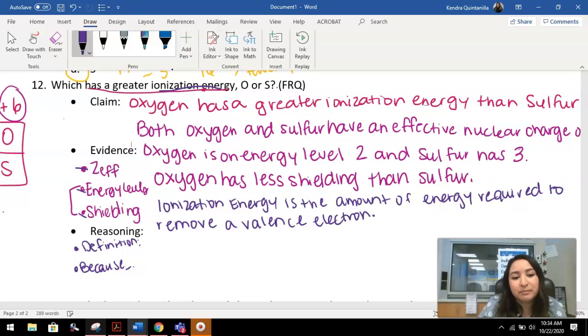I mean, if you put an electron, that's totally fine. But yeah, the amount of energy needed to remove an electron. That's what ionization energy is. So for atoms that have very little shielding and a high effective nuclear charge, it is really, really hard to remove those electrons. Why? Because the attraction to the nucleus is very, very great.